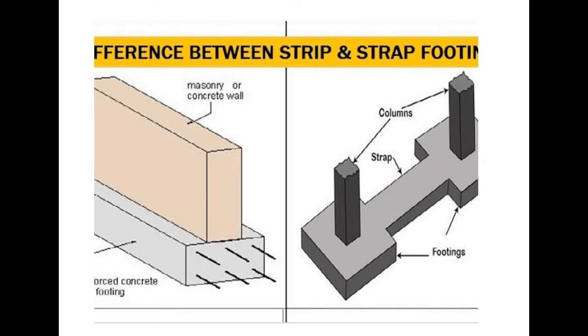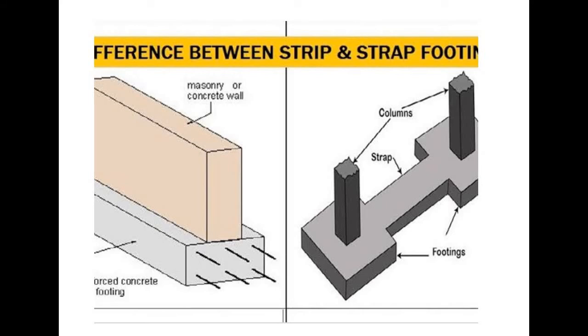Here we can see the clear difference between the strip footing and strap footing. In the first diagram, the strip footing, a column or wall is placed very near to the footings, and the total load coming from the superstructure is transferred to the footing.